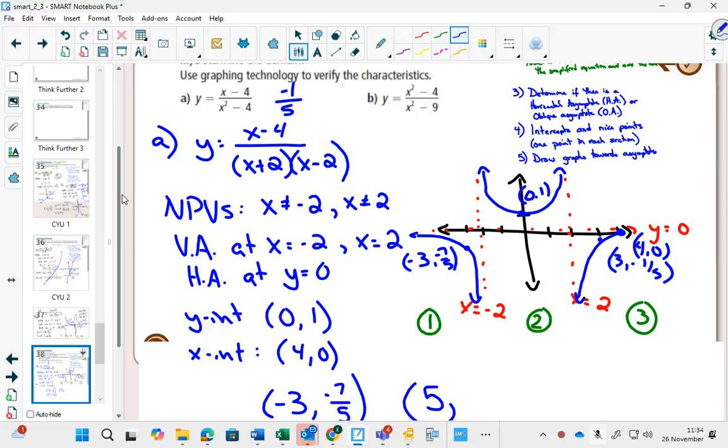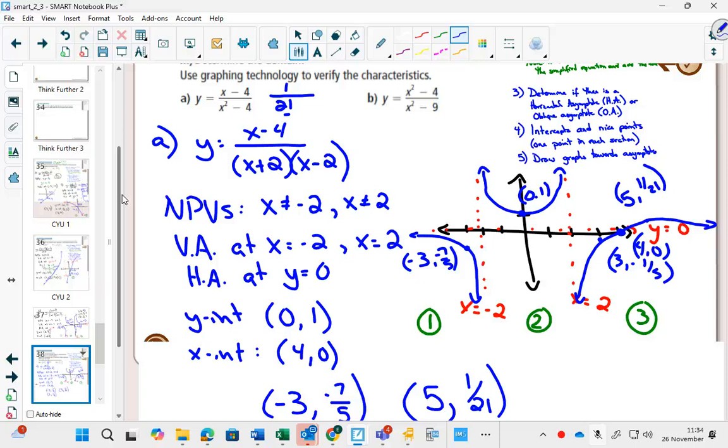If I plug in 5, 5 minus 4 would be 1. 5 squared is 25 minus 4 would be 21. Wow, which is slightly above. So we know that it goes through, hits this point, and then it needs to go back towards the asymptote, because asymptotes tell us what it's doing at its extremes.